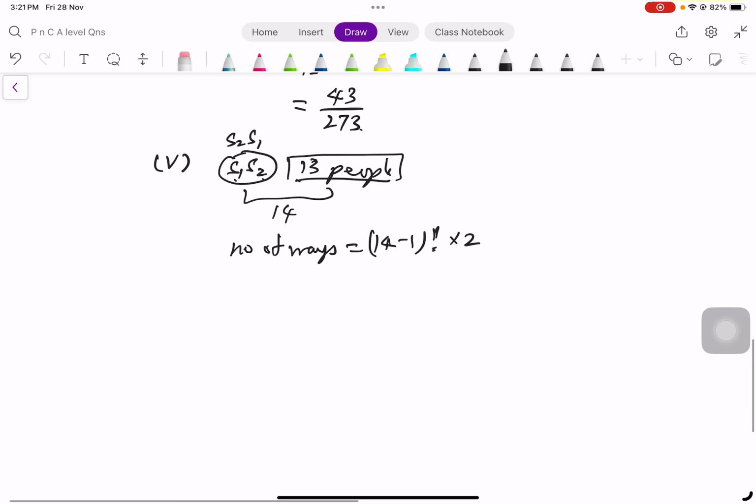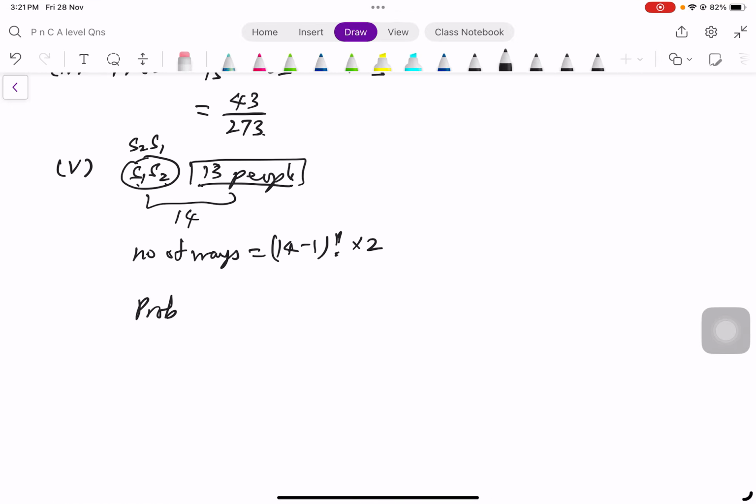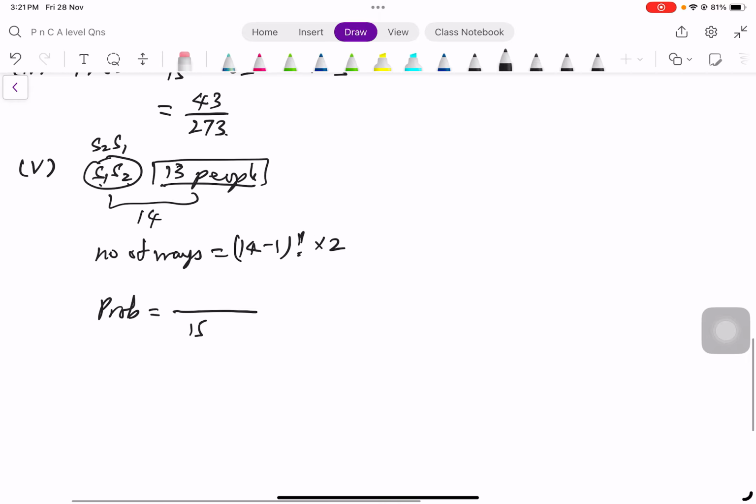And then the probability. What is the sample space? It is how you arrange 15 people in a circle, which is 15 minus 1 factorial.